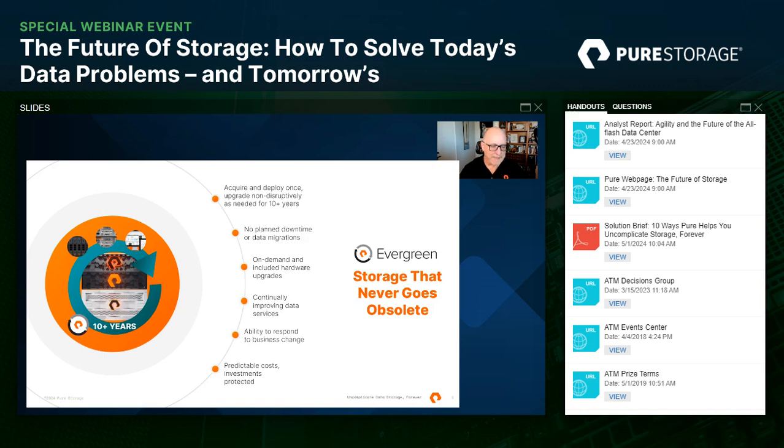The fact that upgrading your storage was very disruptive and oftentimes meant that you had to rebuy your storage, because thinking back 10 years ago or so, there wasn't really the as-a-service option that we have available today.